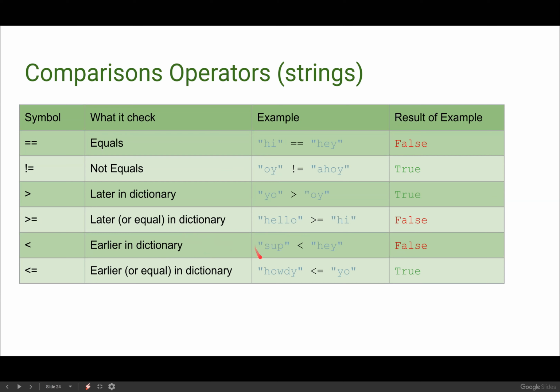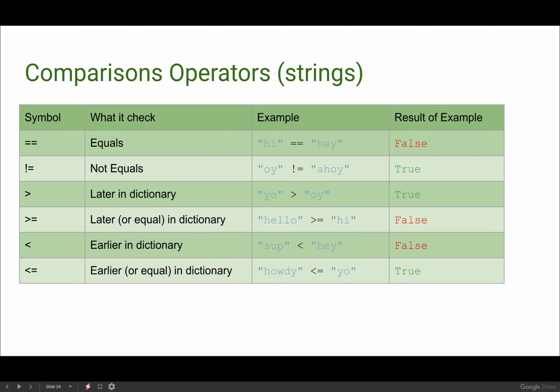So the letter S comes after the letter H. So sup is not less than hey. H comes before Y. So howdy is less than or equal to yo. Does this process for comparing strings make sense?